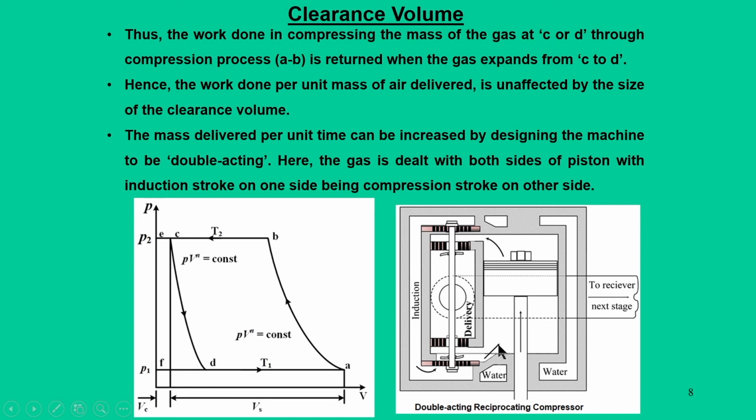So, this is a delivery part. When it is for this compression stroke, this is the delivery and vice versa, and when the piston moves backward, the bottom part of the gas gets compressed and the top part of the gas gets expanded. In a sense, for the same movement of the pistons, we can get a double mass flow rate with some bare minimum change in the arrangement. So, that particular machine we call a double acting machine.